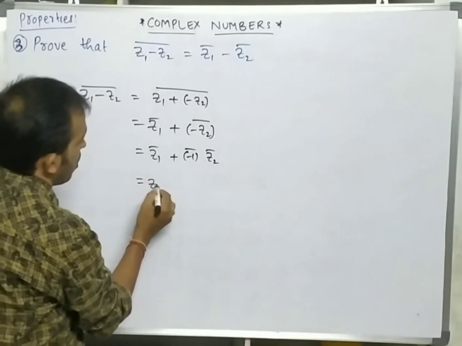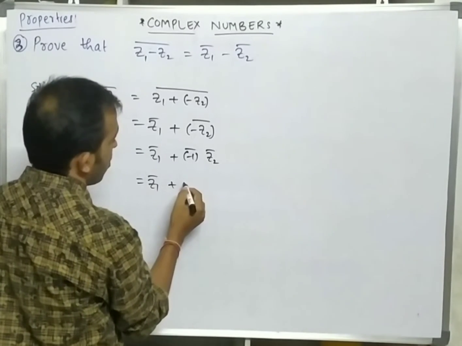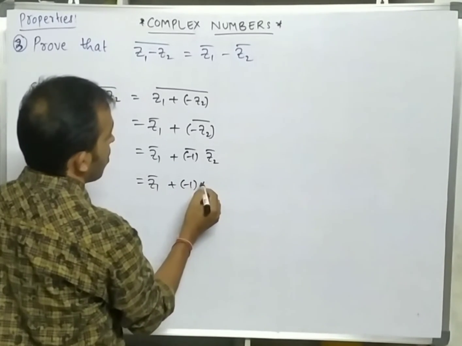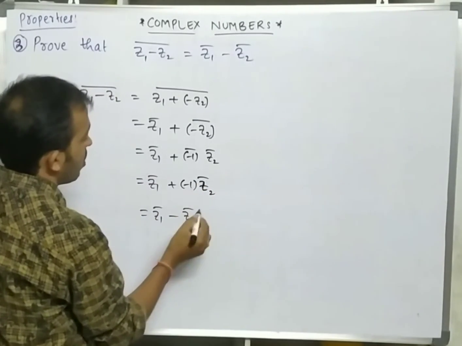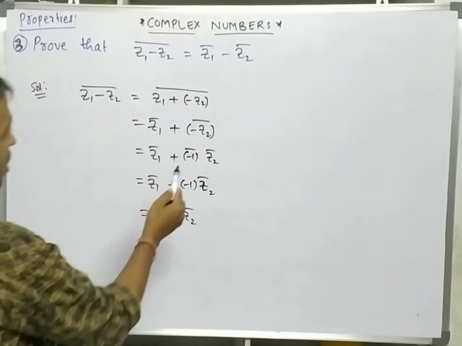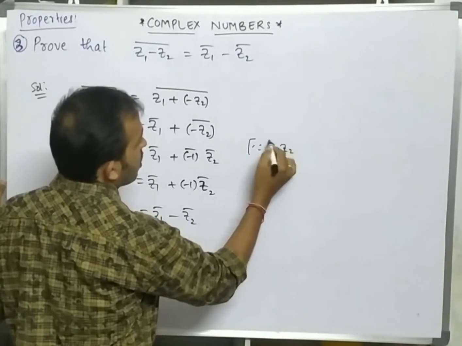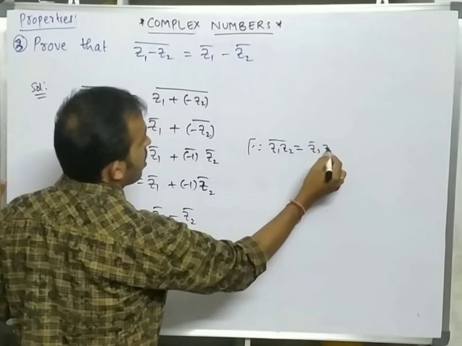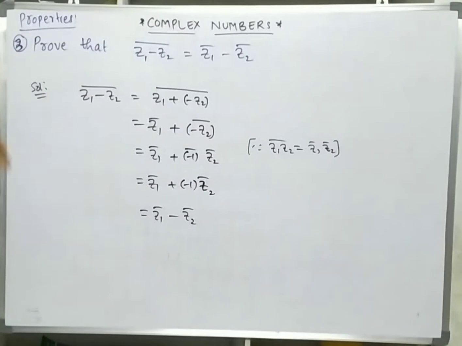So z1 bar plus minus z2 bar, which is equal to z1 bar minus z2 bar. Okay, simple. Here I have used the property that conjugate of z1 into z2 is equal to z1 bar into z2 bar, which I will prove in the fourth one.